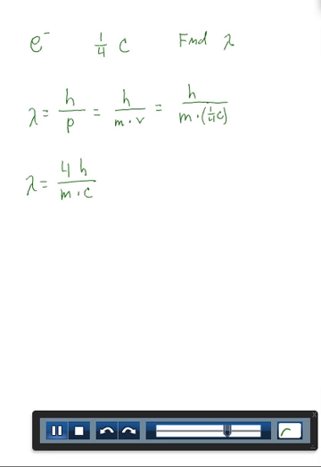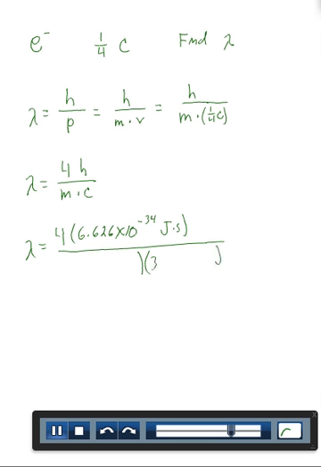So now I'll plug numbers in. So lambda is 4 times Planck's constant, divided by the mass of the electron, and you can find it in a table. I hope I remembered that correctly.